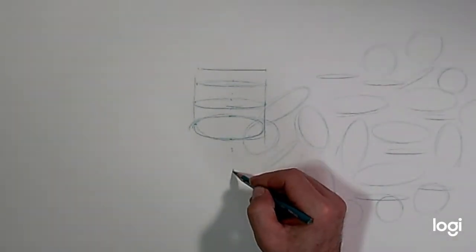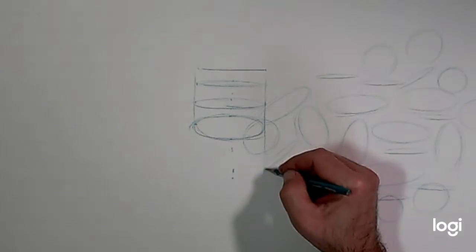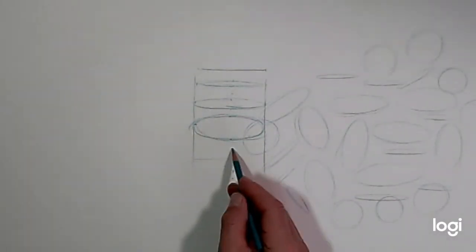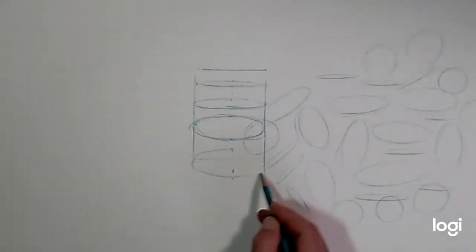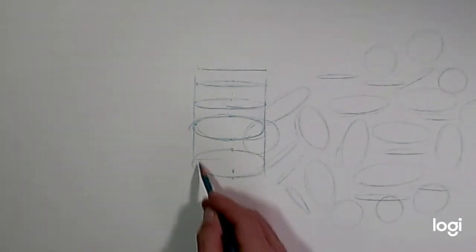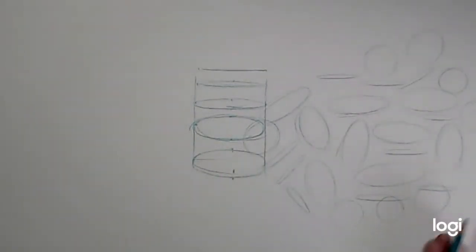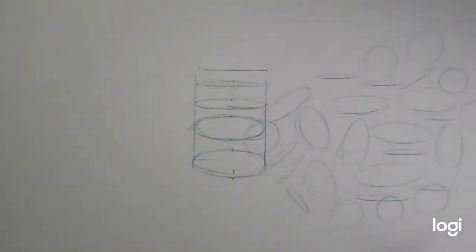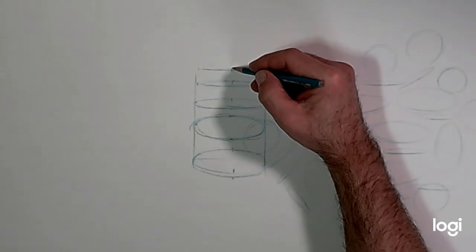And then here will be one with an even bigger diameter. And that starts to give us the idea of this thing going down in space. It works the same going upwards.